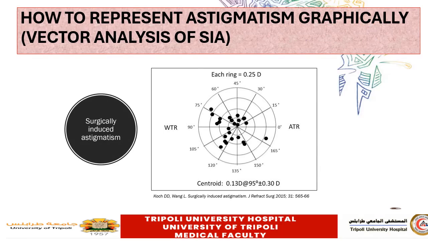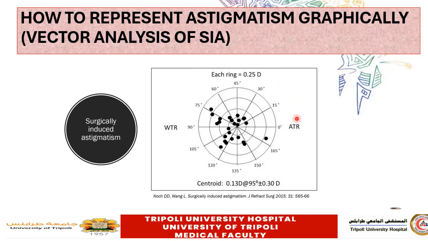Another important subject I would like to highlight before I go to the different IOL calculation formulas is the graphic representation of astigmatism. As you know, astigmatism is not a single magnitude value, but a value associated with a direction, so it is called a vector. A vector has a direction and a magnitude.